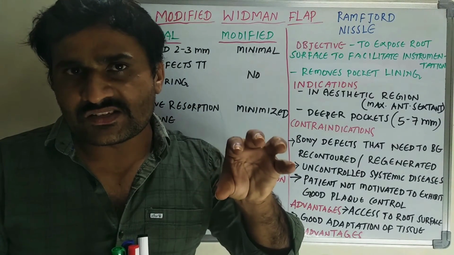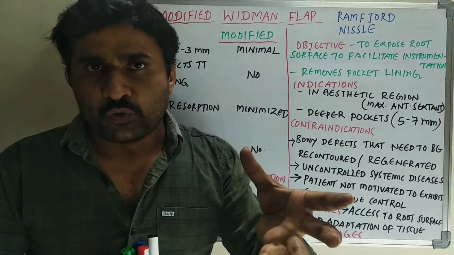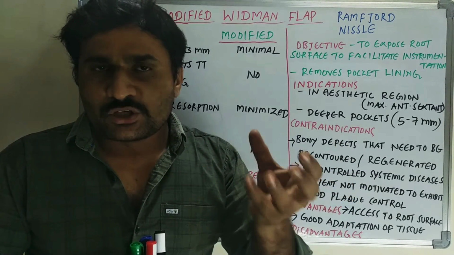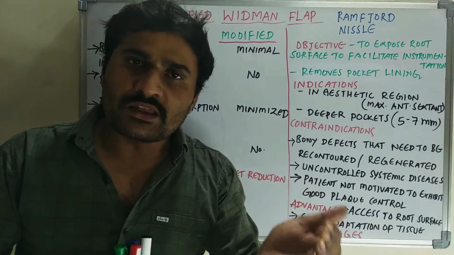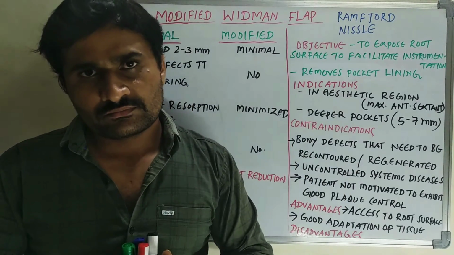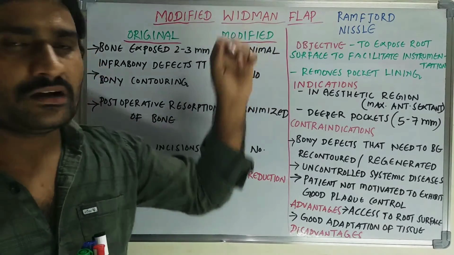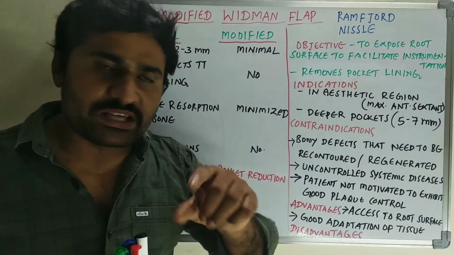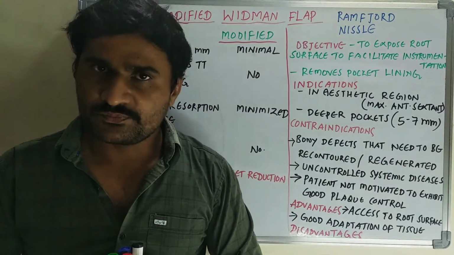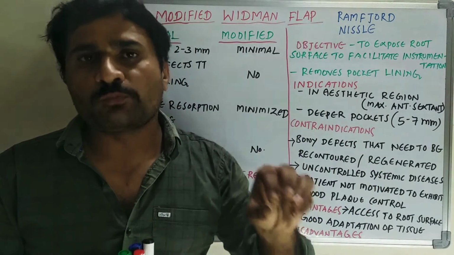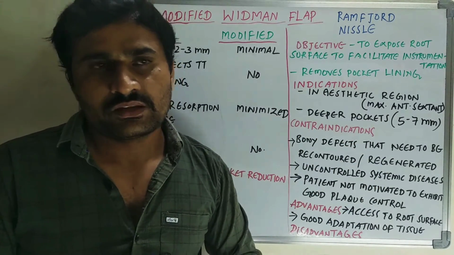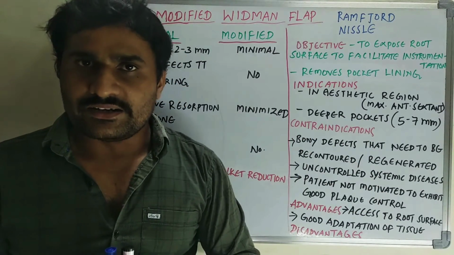That means if there is negative architecture of the bone due to severe periodontal disease, in those cases you have to go for bony recontouring, but that is not possible with the modified Widman flap. Or if there is uncontrolled systemic disease, or if the patient is not motivated to exhibit good plaque control, in these cases it is contraindicated.